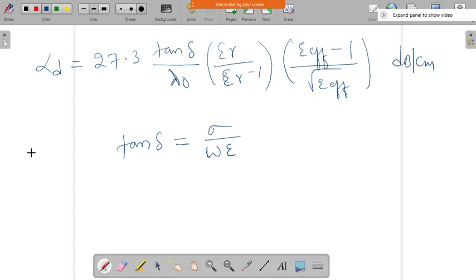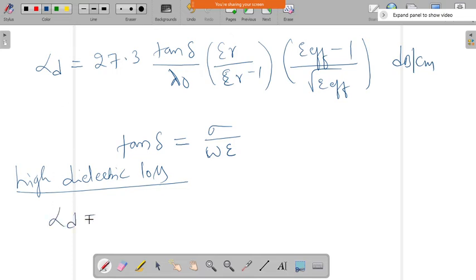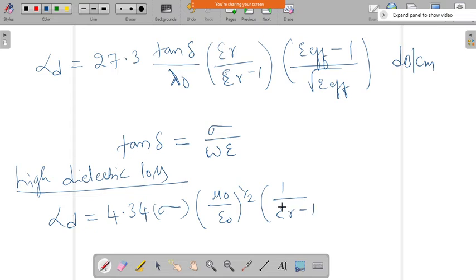For a material having higher dielectric loss, we have to use a different expression. The earlier one is for low and medium dielectric loss. If I have high dielectric loss, we can use alpha D equal to 4.34 into sigma into mu naught by epsilon naught whole power half into 1 over epsilon r minus 1, into effective epsilon minus 1 divided by square root of effective epsilon.